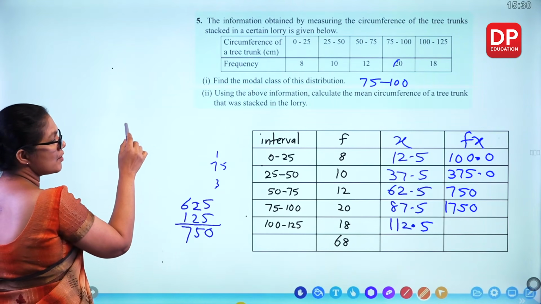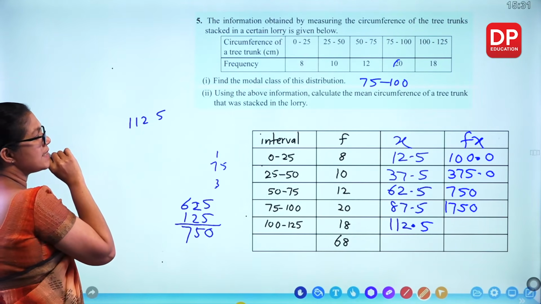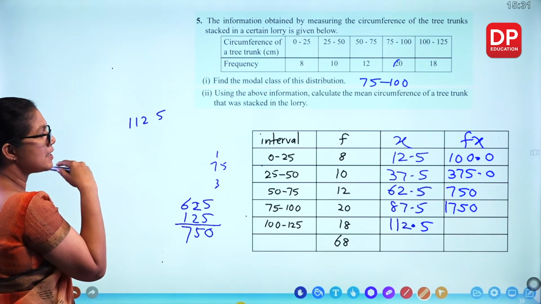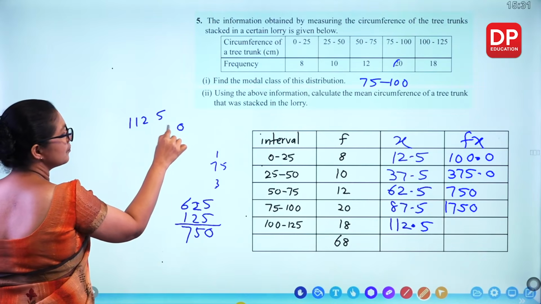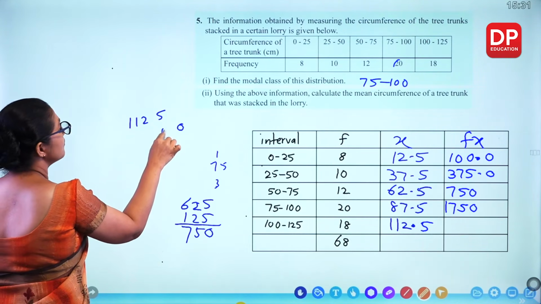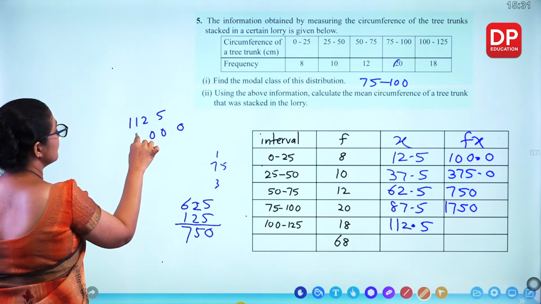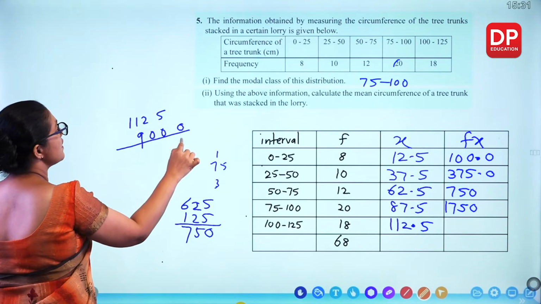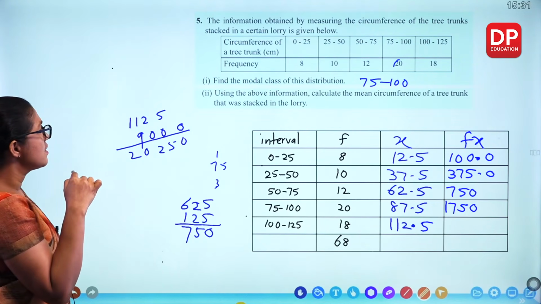So how do you find out? 112.5 multiplied by 10, you get 1125. Multiply by 8, so add it together, you get 2025.